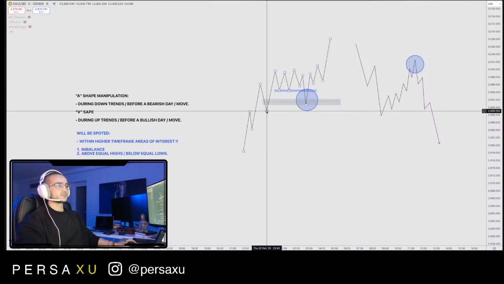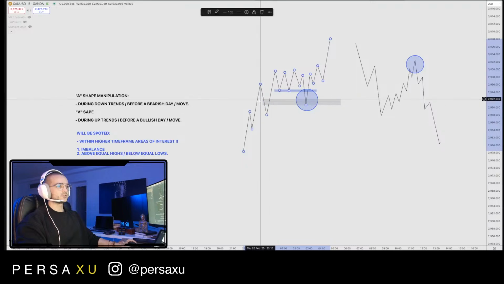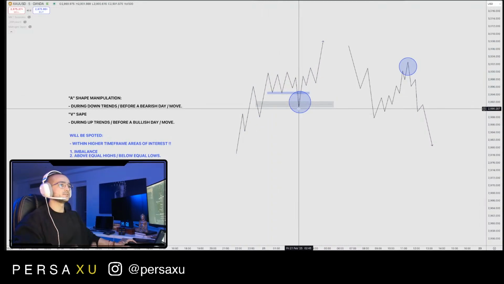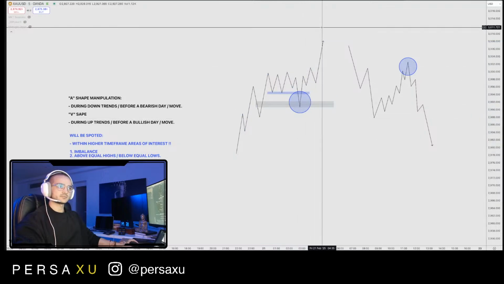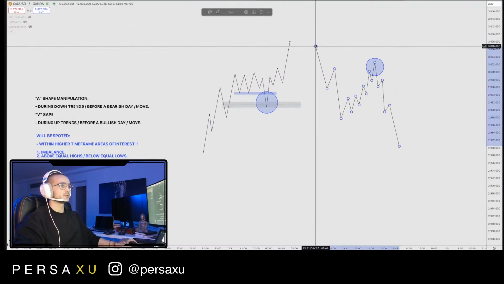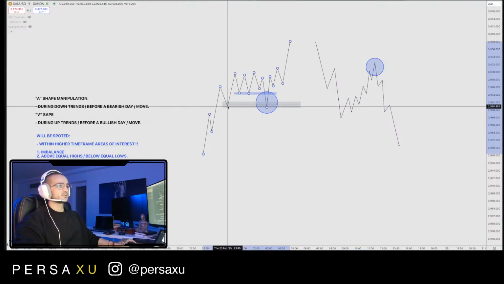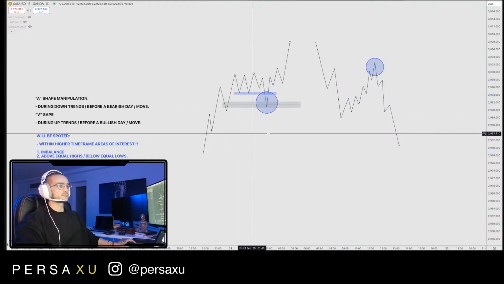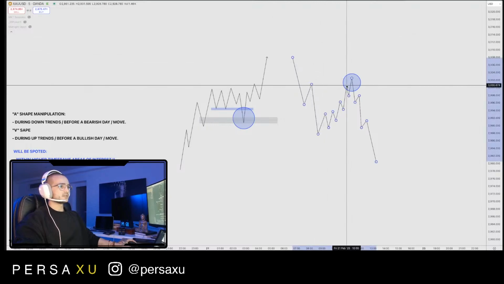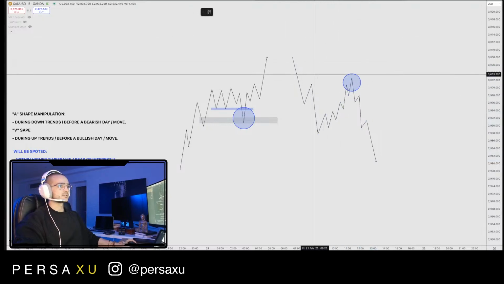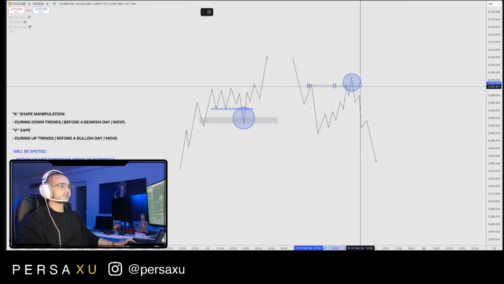Okay. So for example, here we're going to look for something as well that is going to serve for the V shape to bounce off of and create its move. It could be, for example, a previous low. And then over here, notice how this case was a little different, but it's the same thing. There you got two highs.